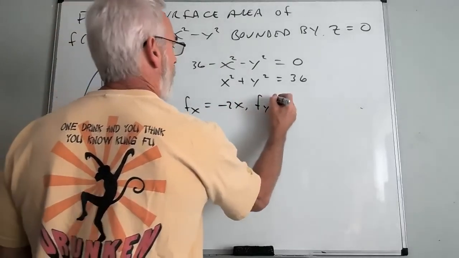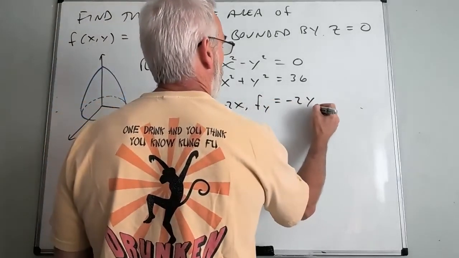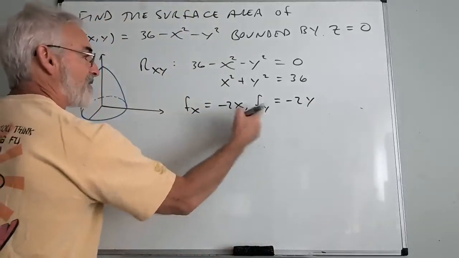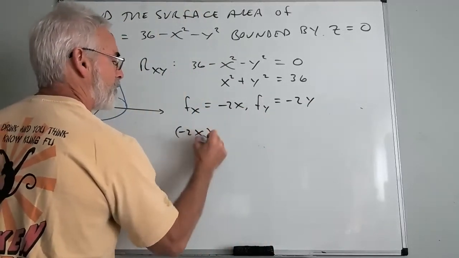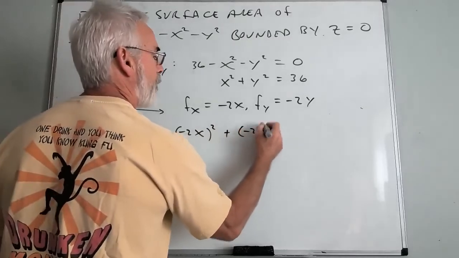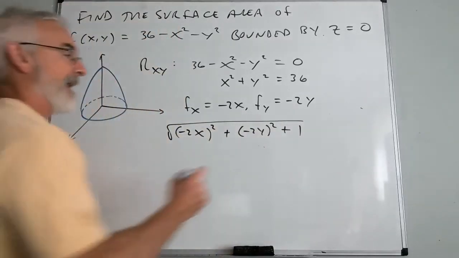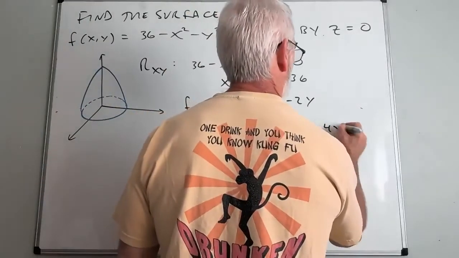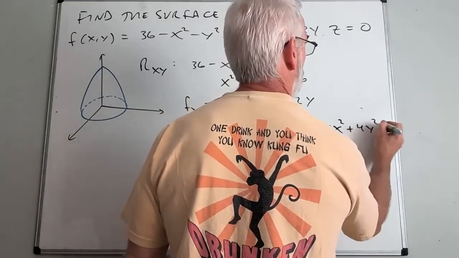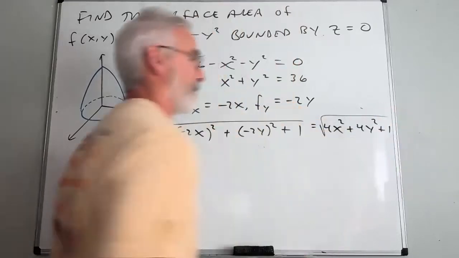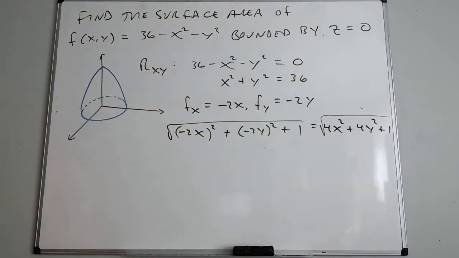When I do fy, I get negative 2y. So when I square these, I have negative 2x squared plus negative 2y squared plus 1, all under the root. And that's going to be 4x squared plus 4y squared plus 1, all under the root. That's what we call the surface area parameter. That's going to go in my integral.